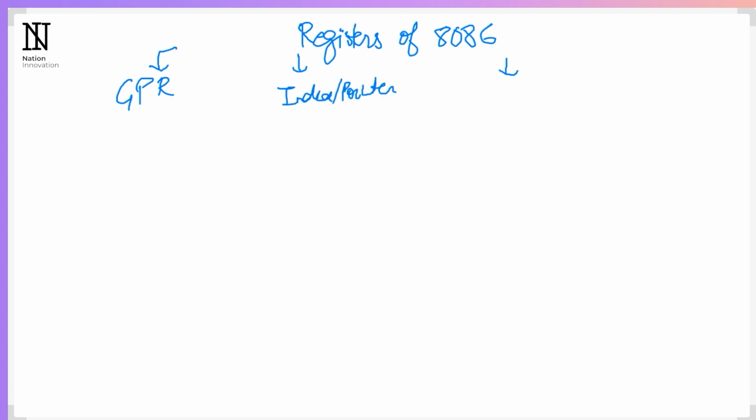Let us now move to the registers of 8086. Basically there are general purpose registers, index pointer registers, segment registers, and two other special registers. Let's start with general purpose registers.